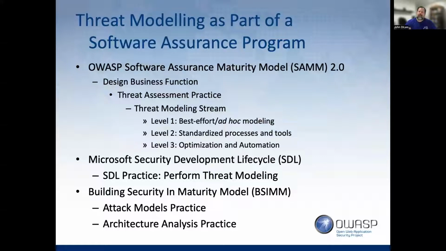At level 3, you're learning from everyone's experiences, improving and optimizing your processes, improving tools, building up templates, and building pre-built libraries of partial models to make the process more efficient and have more consistent modeling across the entire organization. And where possible, and assuming the budget's there, you could even introduce some automation. There are some commercial threat modeling tools that can provide some level of automation in developing models.